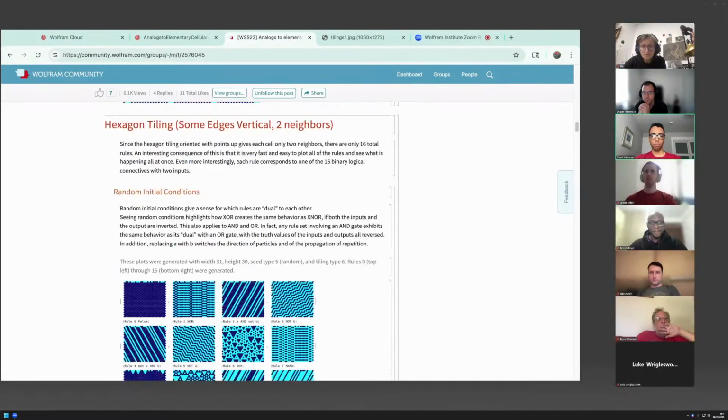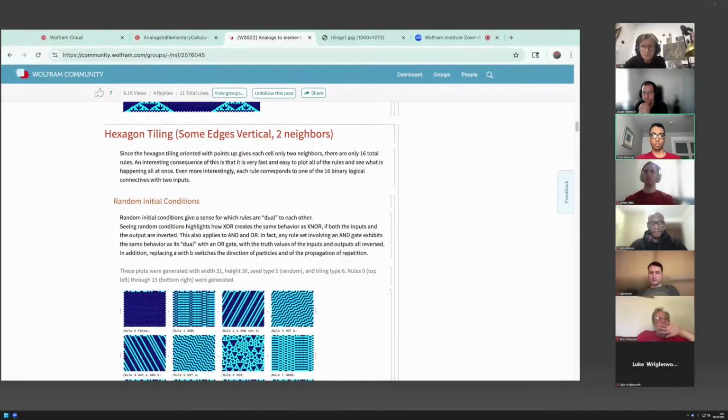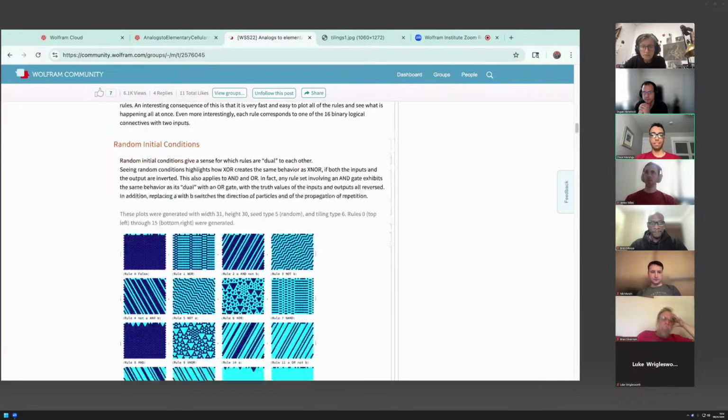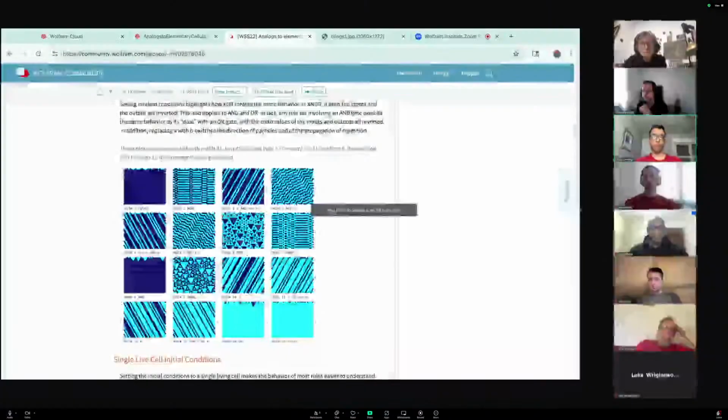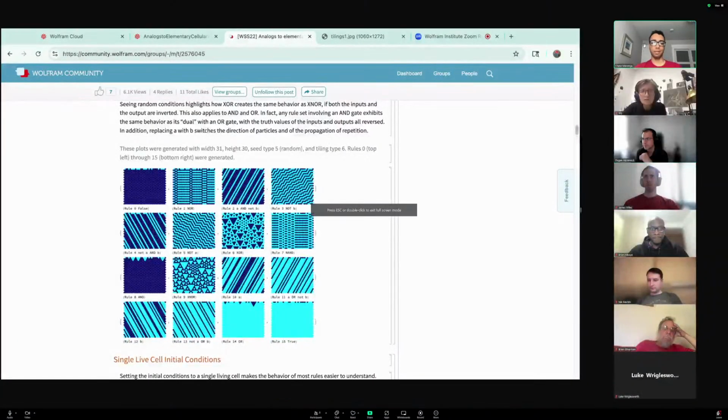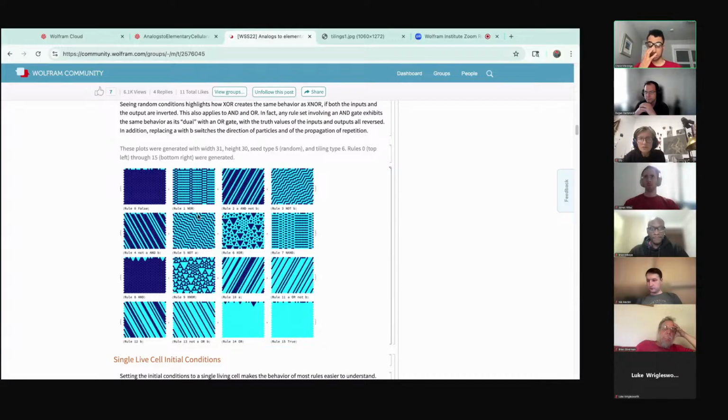With the hexagon tiling, with the corners aligned with the vertical line, we found that the rules correspond directly to the logical operators on two input bits. There was this really interesting one-to-one correspondence.